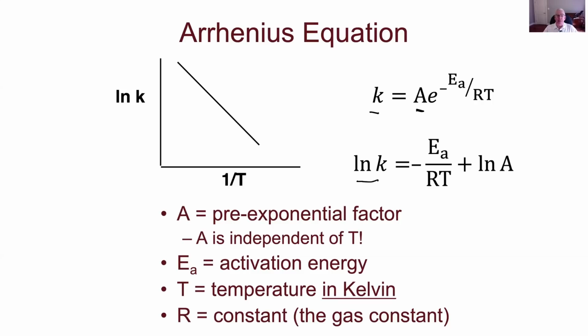R over there is actually the gas constant, the same gas constant that you used in gas law equations, except that it's going to be generally in different units here. In working in this equation, this is usually going to be put in so that it's 8.314, and that version has units of joules per Kelvin per mole. It is the same number, just expressed in different units.